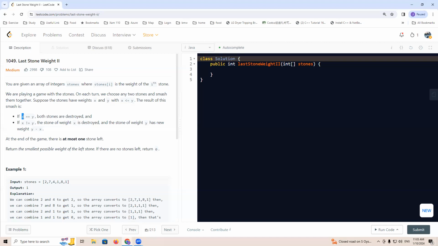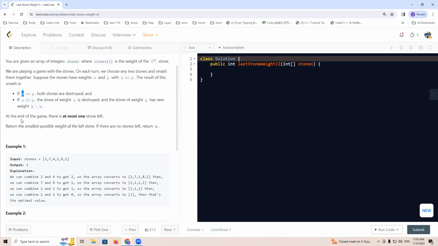If the stone weights are x smaller than or equal to y, there are two scenarios. If x equals y, both stones are destroyed. If x doesn't equal y, the stone of weight x is destroyed, and the stone of weight y has a new weight of y minus x.